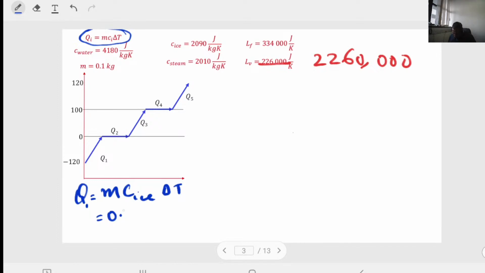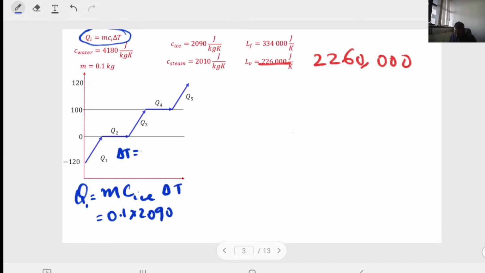This is 0.1 times 2090. That is the specific heat c of the ice. You could see that the ice is 2090. Delta T is going to be from minus 20 to 0.